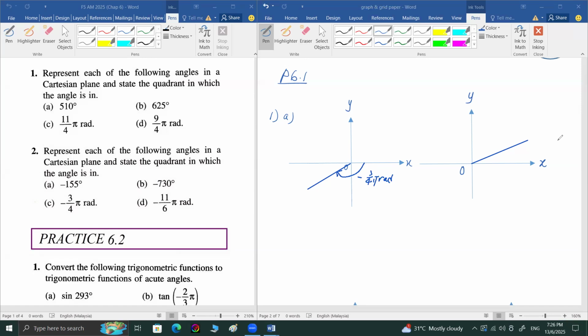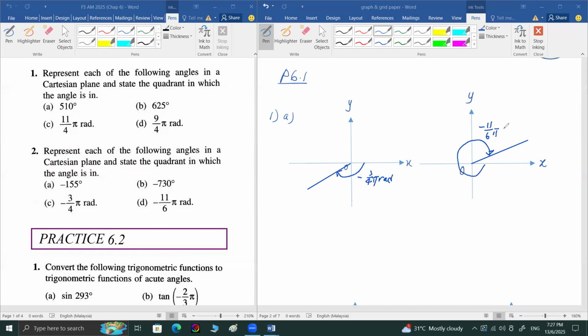Here I get -330. If I get negative, I go direct. This is -330.